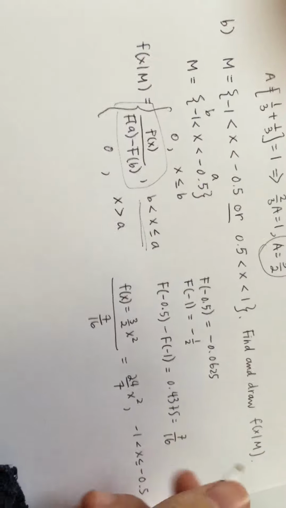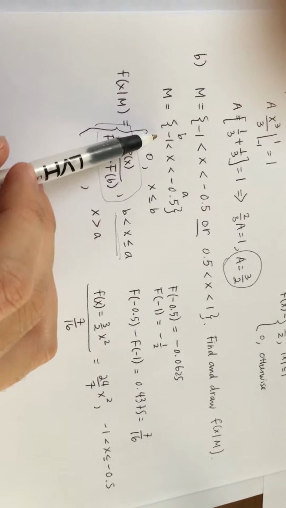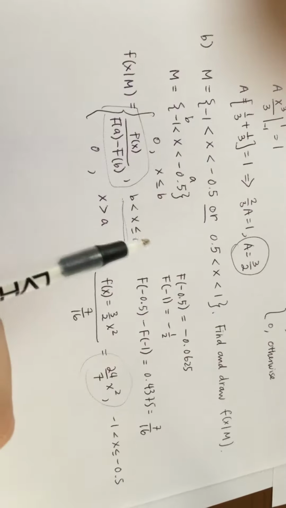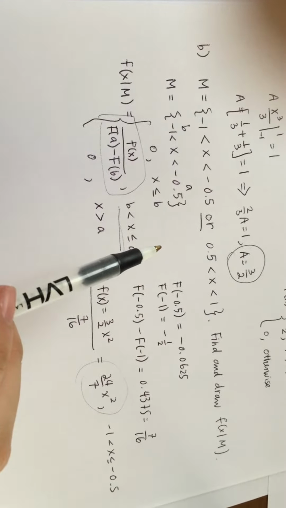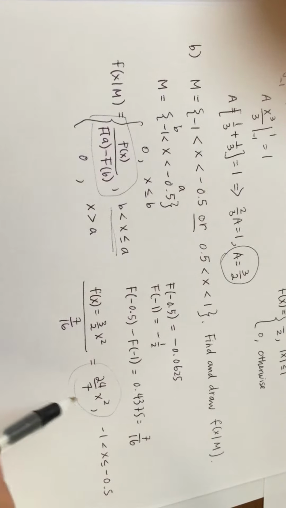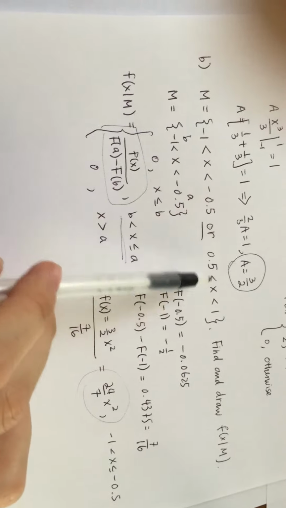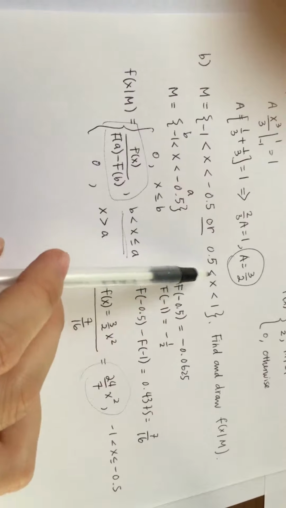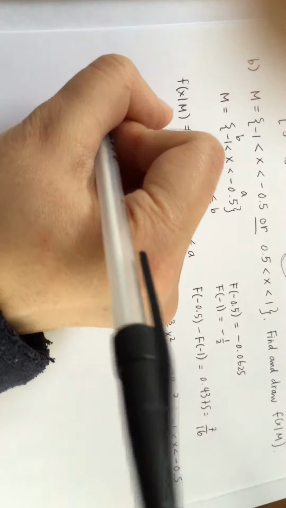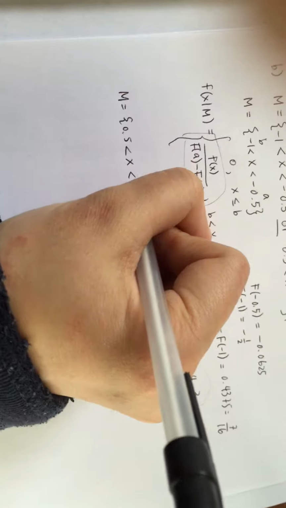So we found that f of x on the condition of m when it's -1 to -0.5 is this. And we can see that since f of x is an even function, this would just be the same on either condition. So it would be the same for -0.5 to -1, or 0.5 to 1. But let's verify it anyway. So m is x greater than 0.5 but smaller than 1.